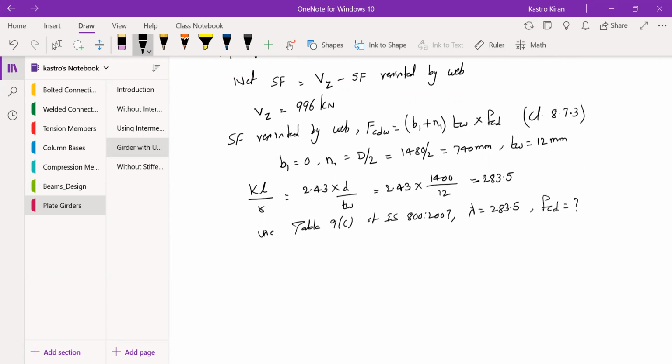But the thing is, you don't have the value of FCD when lambda is greater than 250. You have the values up to 250 only. This we have discussed in the last class, right? So you should find out the value of FCD when lambda equals 283.5.